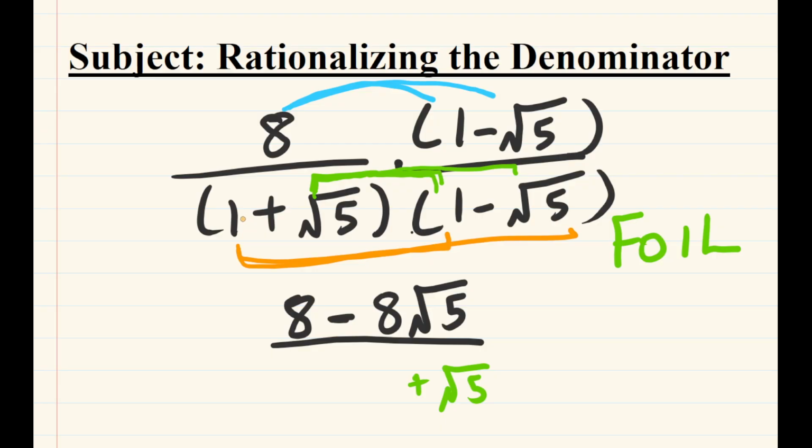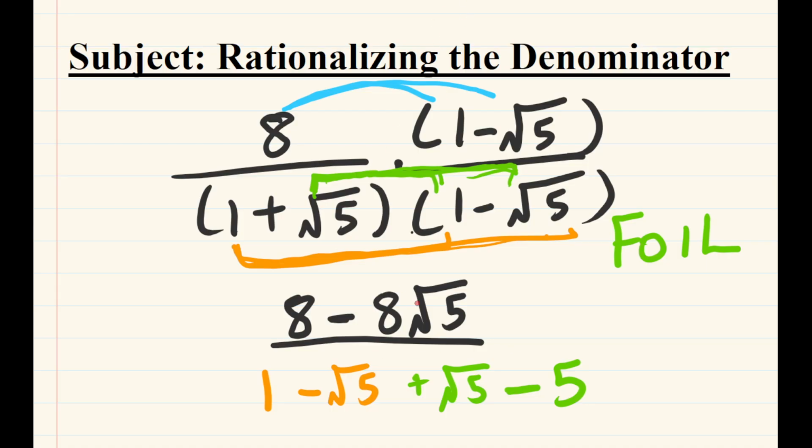Again, 1 times 1 is 1, and 1 times negative radical 5 is negative radical 5. Then radical 5 times 1 is positive radical 5. And then radical 5 times negative radical 5. So this is negative, and radical 5 times radical 5 is 5.